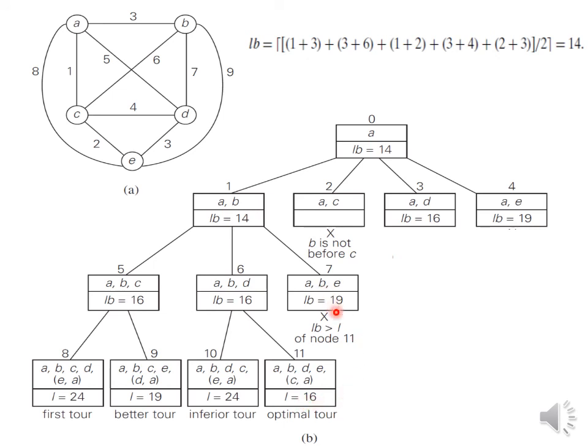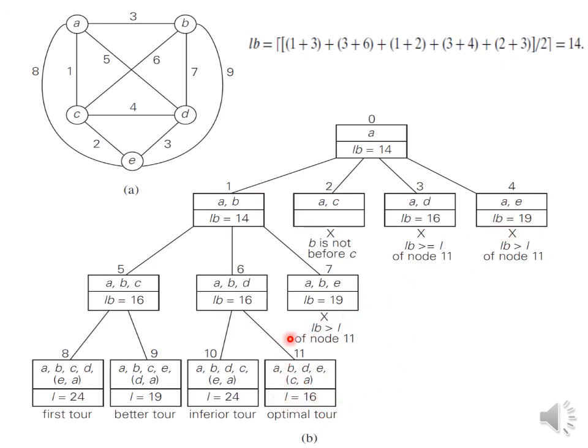Go for the next one; this also has a lower bound of 16. Of course, the length won't be less than 16, so we won't get a better solution than the existing one. Let us not expand this. Similarly here the lower bound is 19, which is not better than 16, so let us not expand.